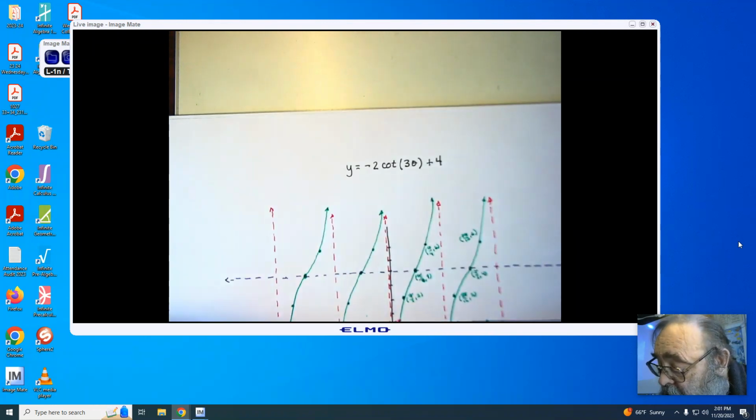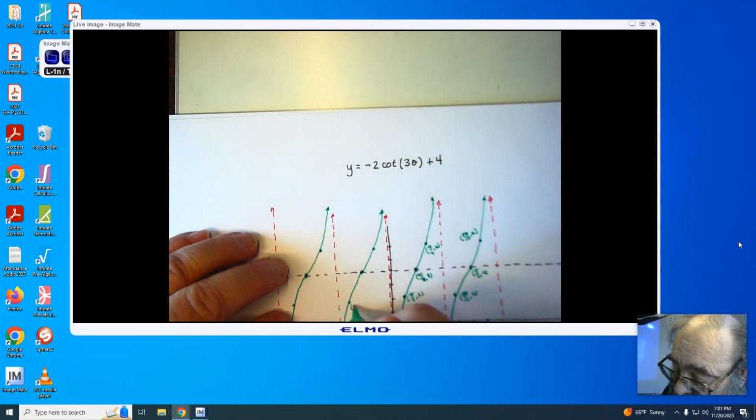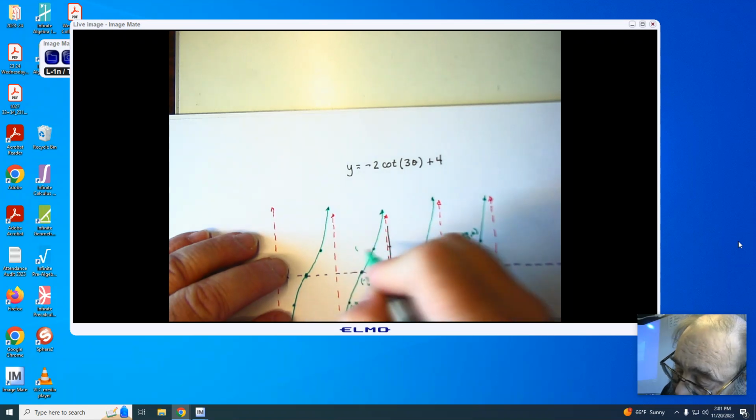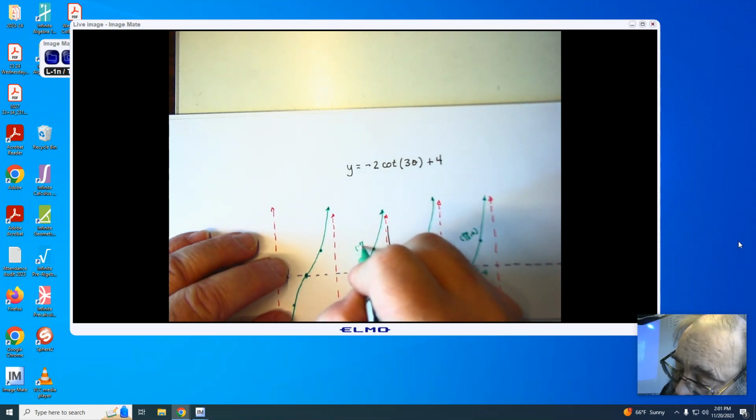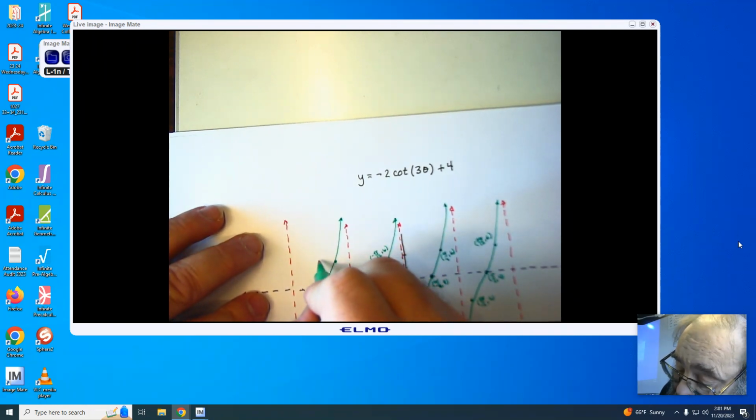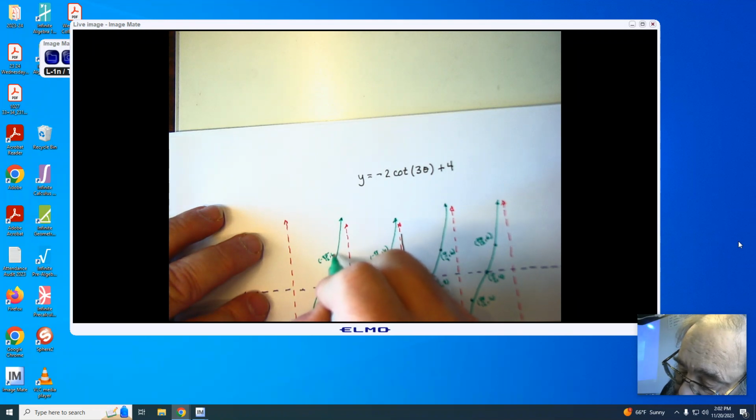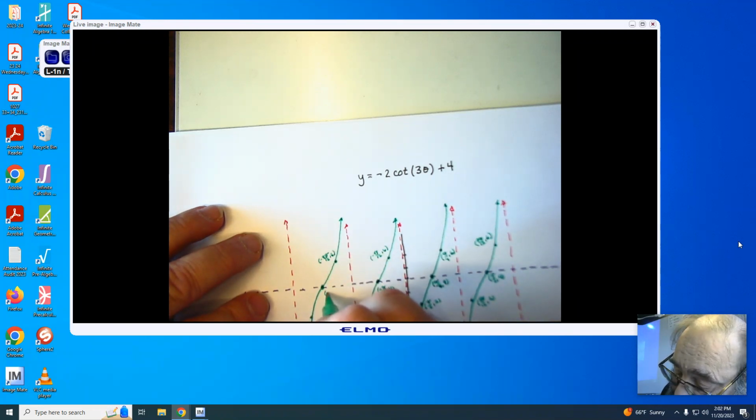We continue. Let's do our negative pi over 4, 2, negative pi over 6, 4, negative pi over 12, 6, negative 5 pi over 12, 6, negative pi over 2, 4, and negative 7 pi over 12, back to 2.